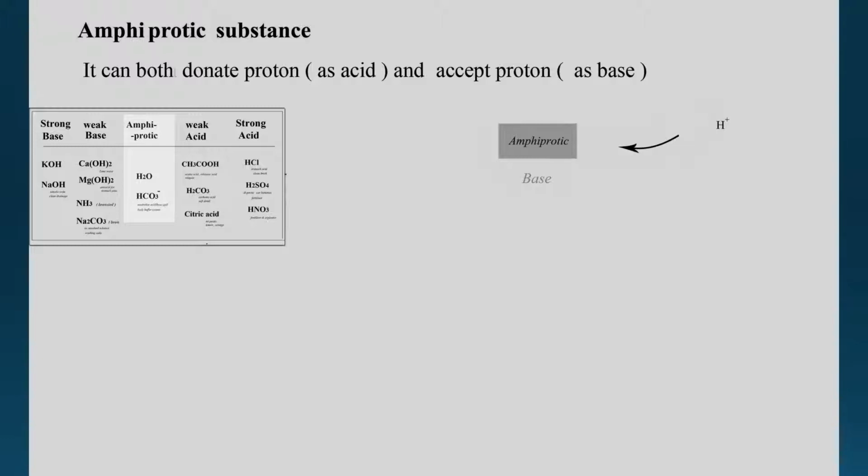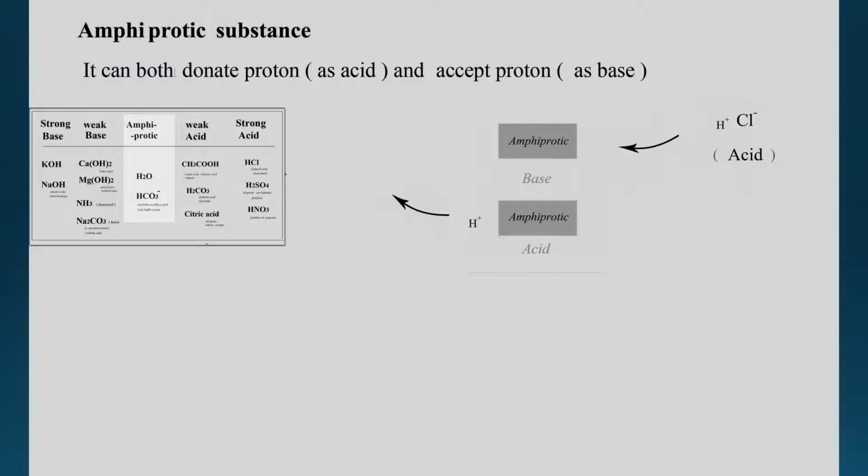But when would it be a base? It depends on your partner. If you have a strong proton donator like HCl, you strongly want to give an H+, then amphiprotic will be obliged to be an acceptor, accepting a proton as a base.